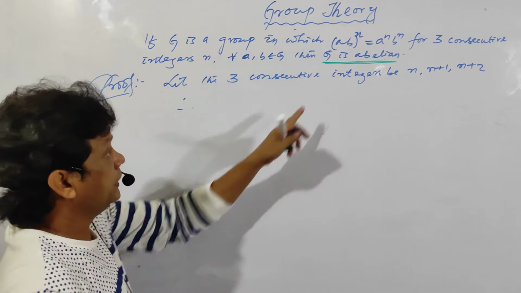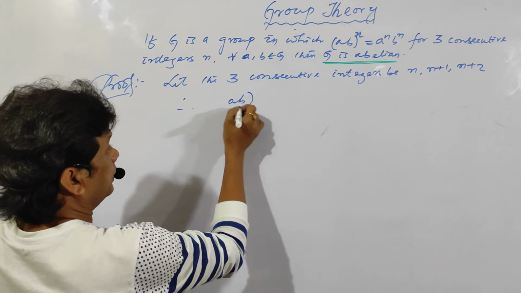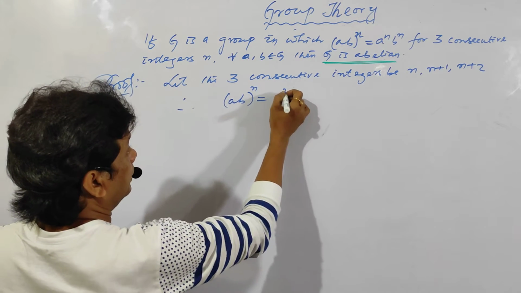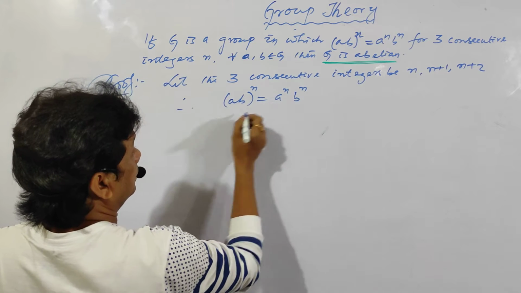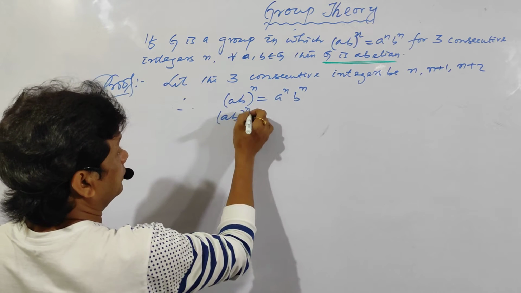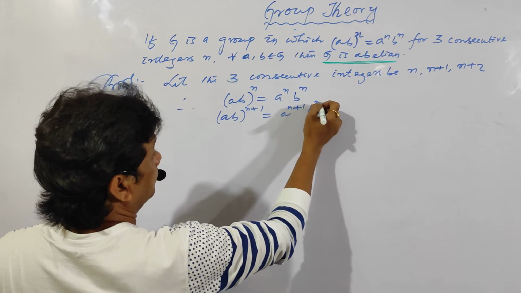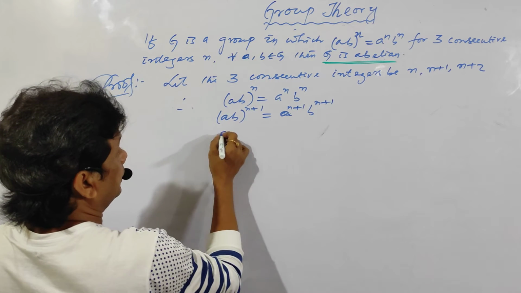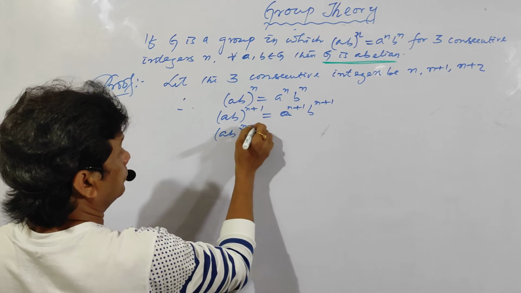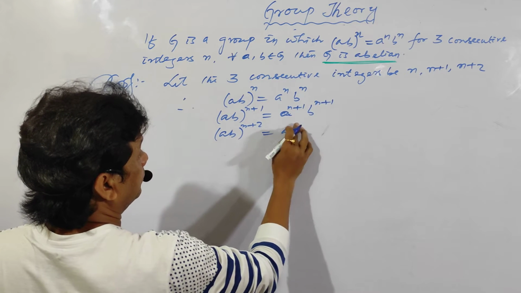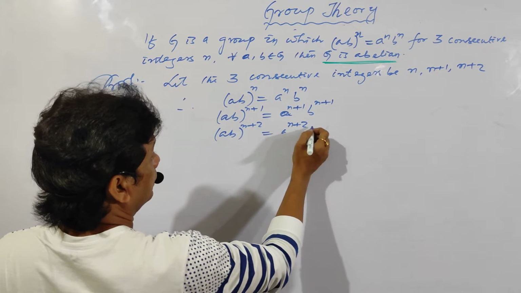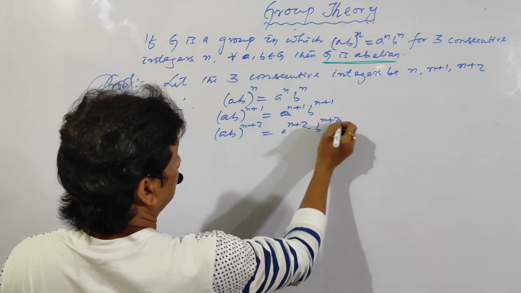Therefore, it is given that (ab)^n = a^n b^n, and (ab)^(n+1) will be equal to a^(n+1) b^(n+1), and again (ab)^(n+2) is equal to a^(n+2) b^(n+2).